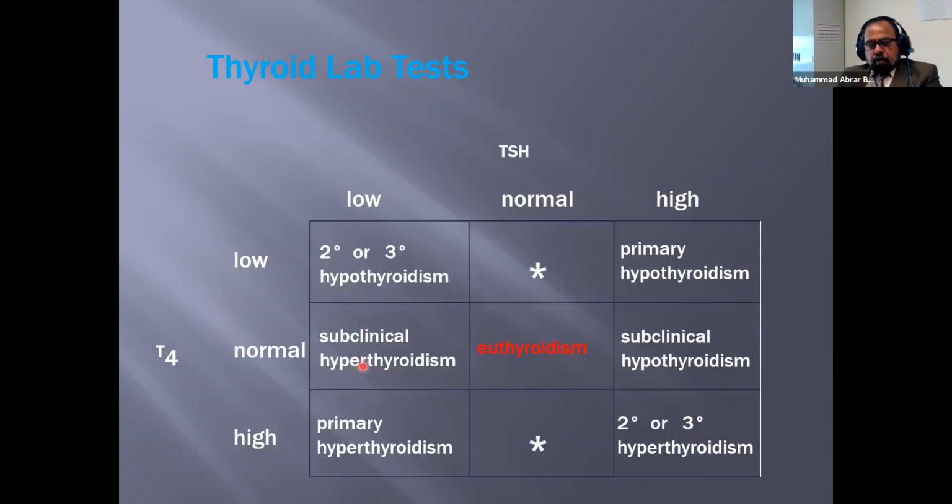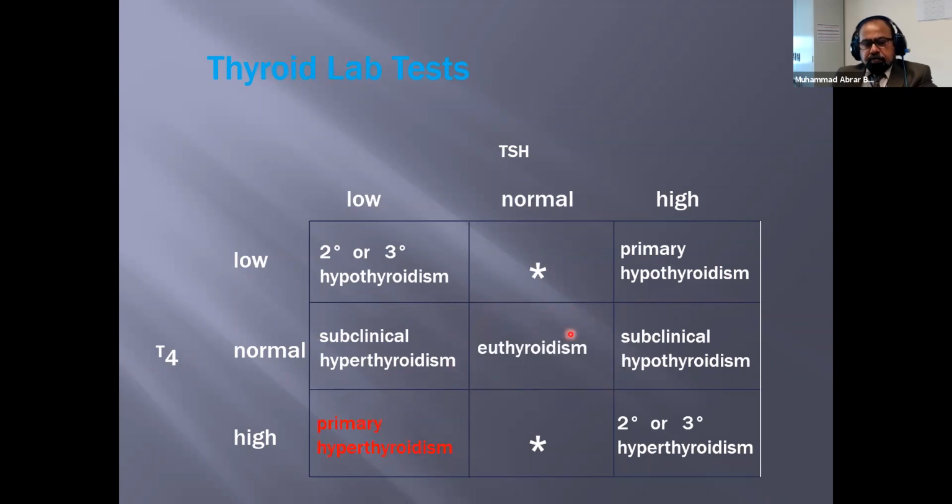So if you plot TSH and T4, if TSH is normal and T4 is also normal, this is called euthyroid. Euthyroid means the thyroid gland is absolutely normal. TSH normal, T4 normal, so it is called euthyroid, meaning there is no problem in the thyroid gland.